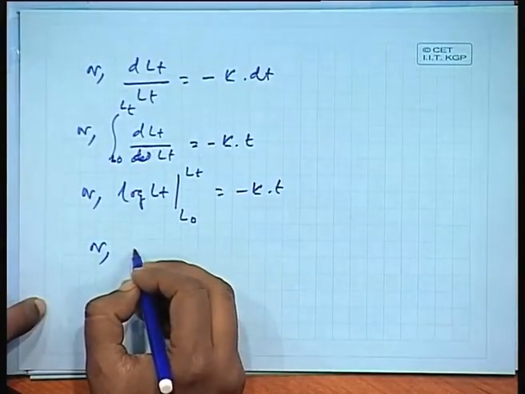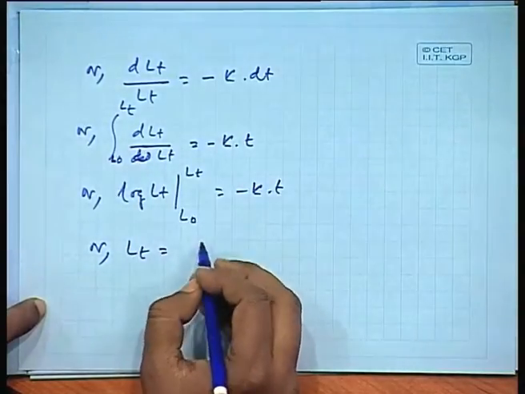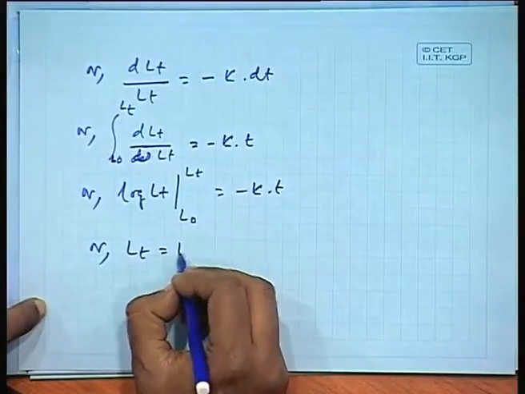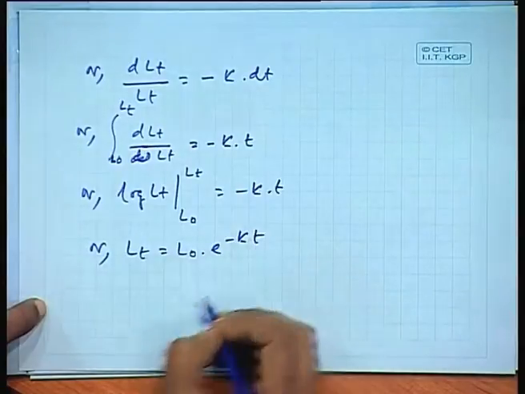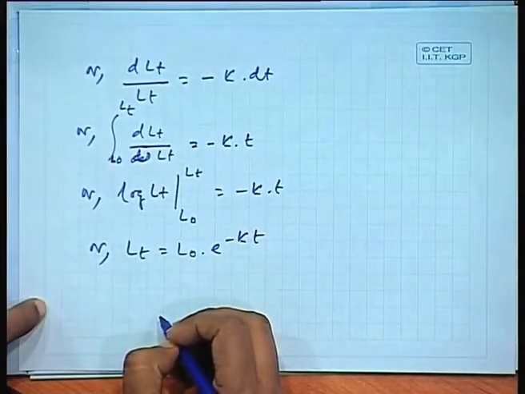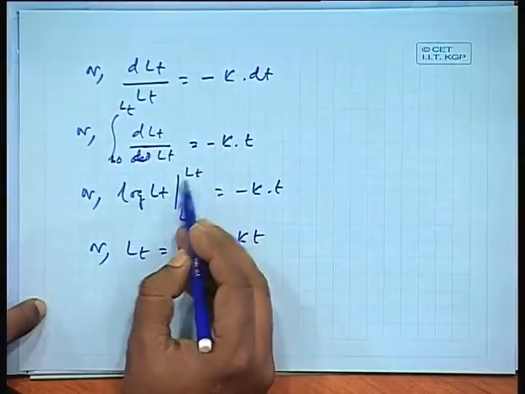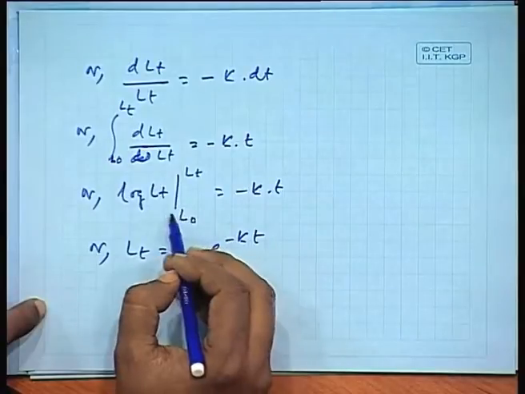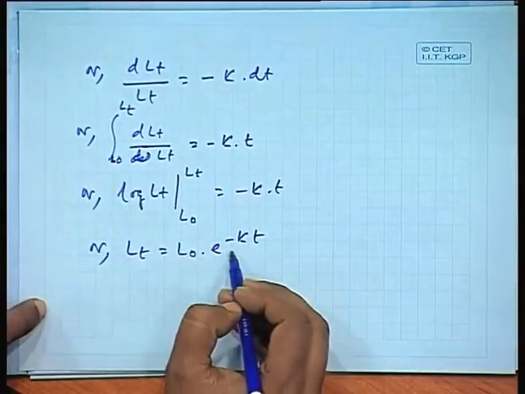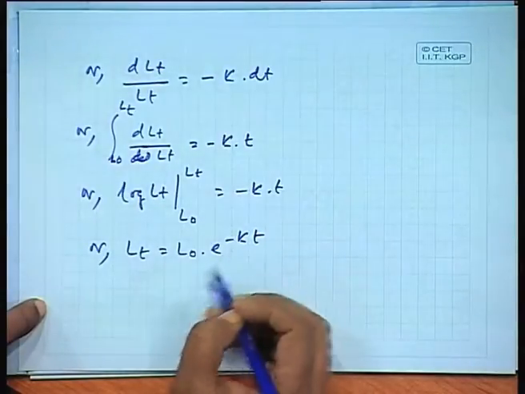Essentially this is what we can find out: Lt is equal to L0 into e to the power minus kt. So log Lt divided by log L0 gives Lt by L0 equal to e to the power minus kt, so L0 you are bringing in there, L0 into e to the power minus kt.